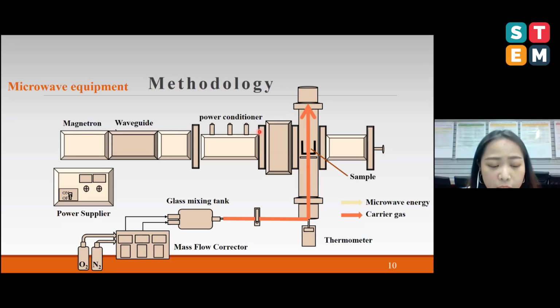And then this is my experiment equipment. Power is supplied by the power supplier, and microwave energy with a frequency of 2.45 gigahertz is emitted through the magnetron.